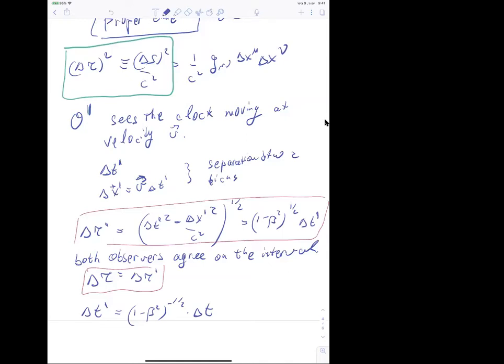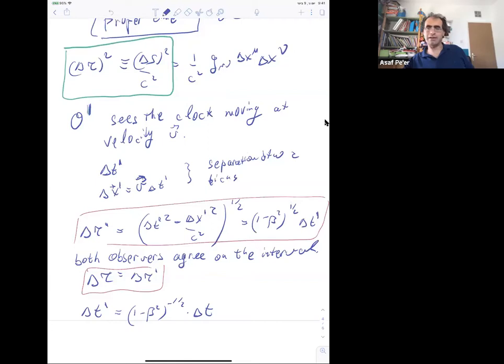Yes, but if we have it in other axes, will there be like another beta squared? You have to calculate the velocity, right? You have to add the velocity vectors. We're actually going to do that in the tutorial. Wait another 20 minutes and we'll do it in the tutorial.